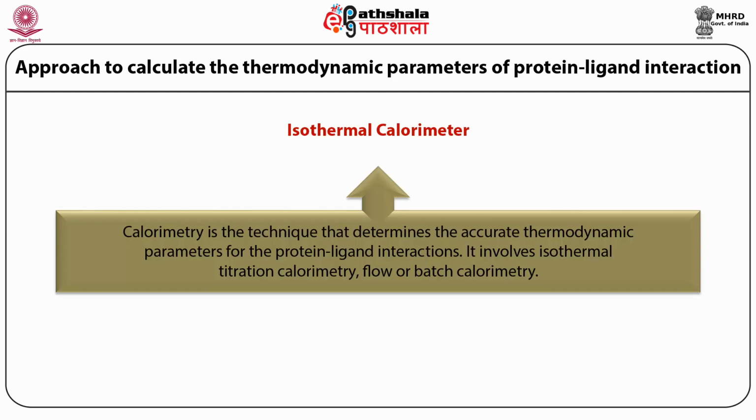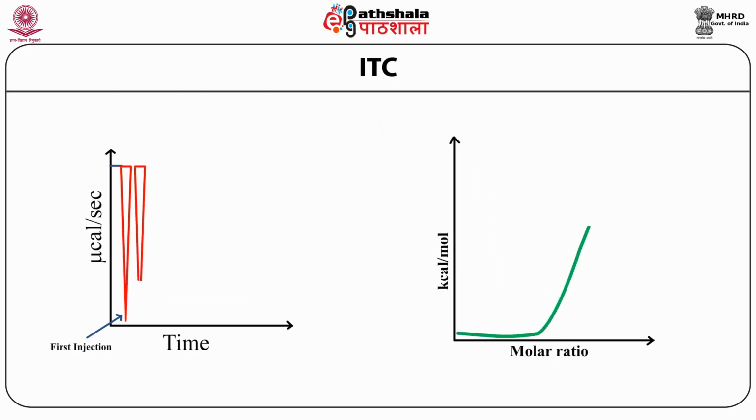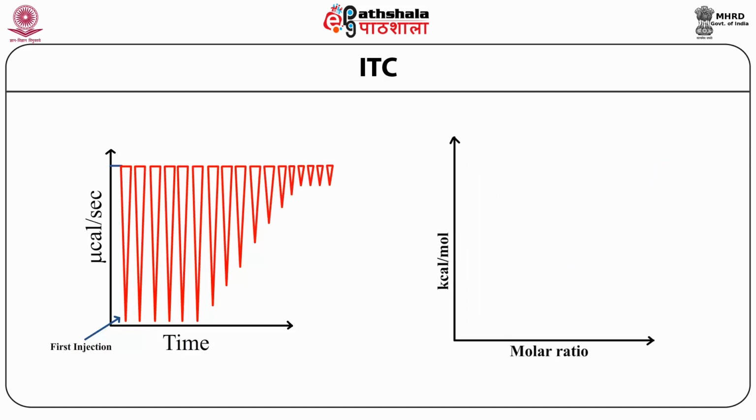It can be of different types, flow or batch calorimeter. The left hand side shows you a typical thermal profile obtained from an isothermal calorimeter. On the y-axis you have microcalories per second, and the x-axis is time.